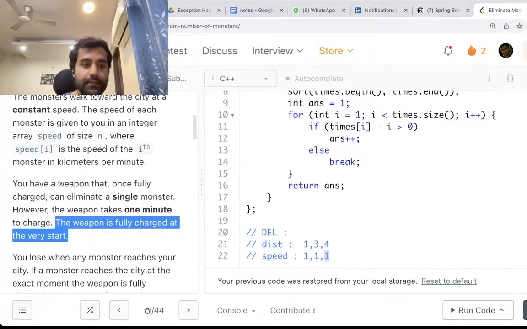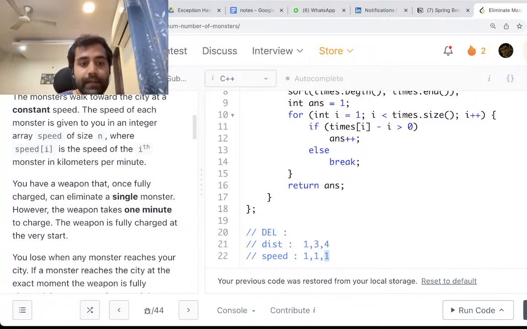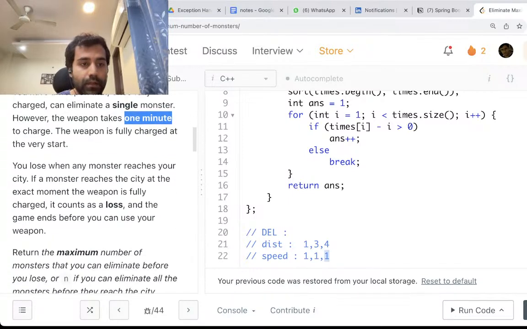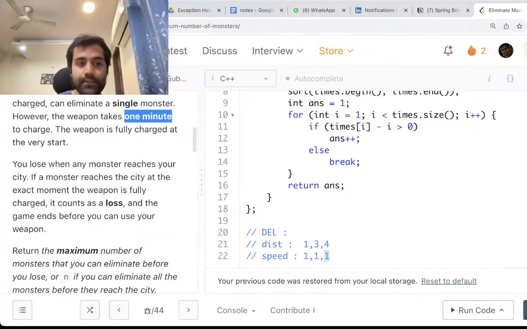Now it says the weapon takes 1 minute to charge. So if you have used the weapon to kill the first monster, whoever you want to kill, then you have to wait for 1 minute for the weapon to be charged again, so that you can use it to attack. Now you lose when any monster reaches your city.